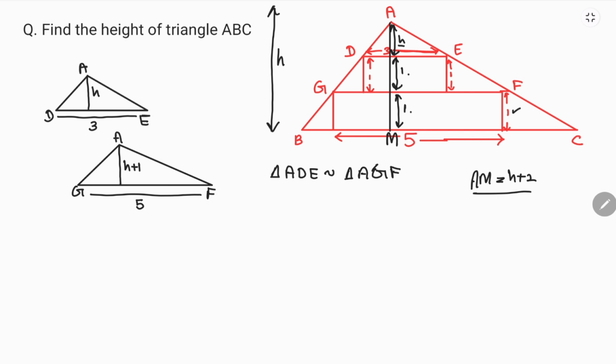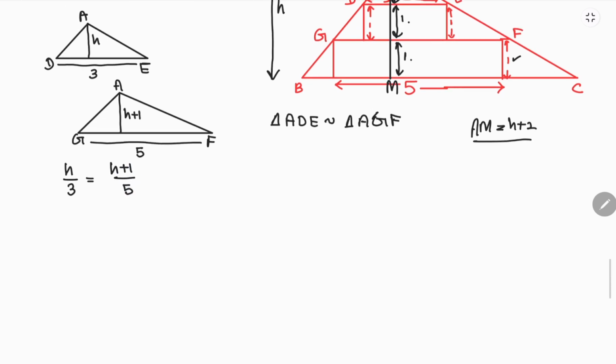Since these two triangles are similar, I can say H by 3 is equal to H plus 1 by 5. If I cross multiply, 5H is equal to 3H plus 3.